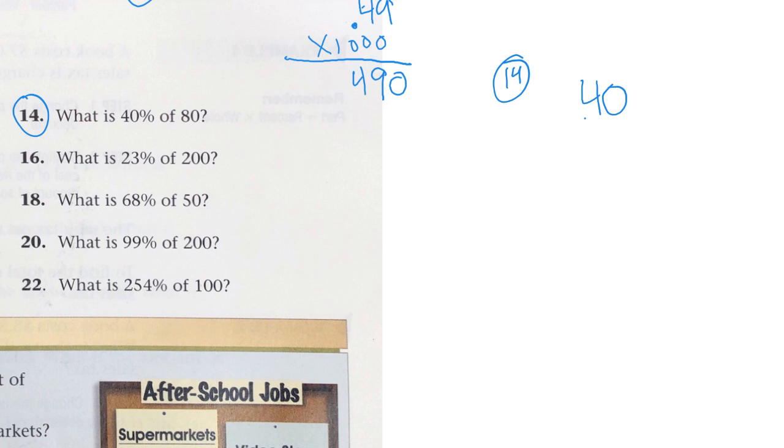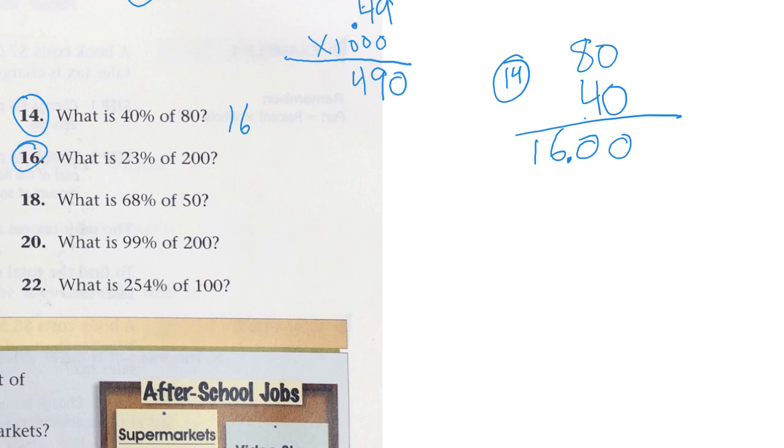We multiply that by 80. So 0, 0, 16. 2 decimal places, 16. So 40% of 80 is 16.